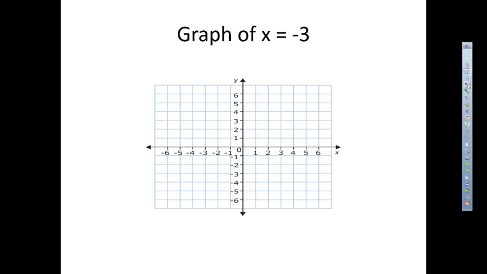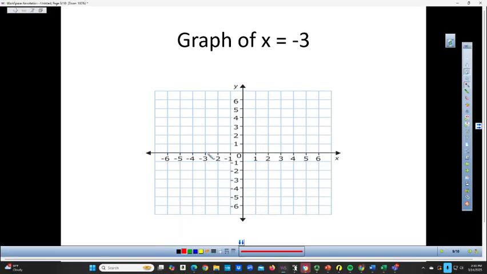So if we were graphing x equals -3, we would say -3, 0, -3, 4, -3, -2, right? So notice that this vertical line is parallel to the y-axis, and here is our line.